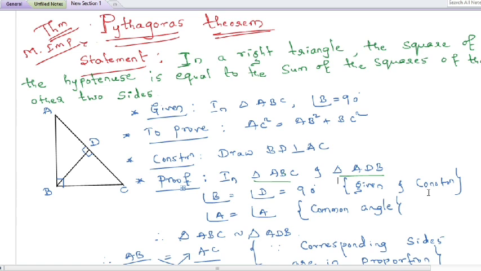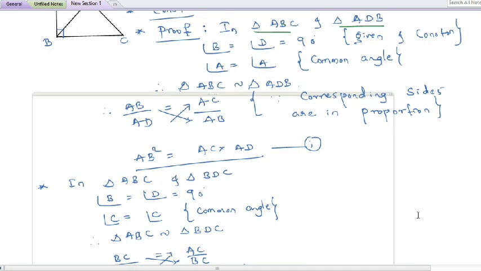If these two angles are equal, then triangle ABC is similar to triangle ADB. If these two are similar triangles, then their corresponding sides are in proportion. So, next step we can write AB by AD is equal to AC by AB, corresponding sides are in proportion. By cross multiplication, AB into AB, you will get AB square is equal to AC into AD. Call this equation number 1.